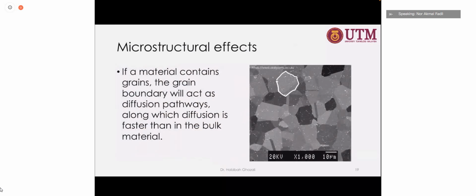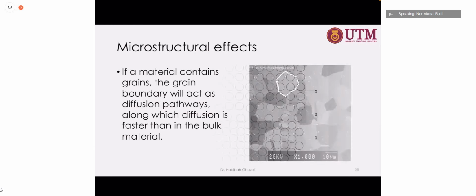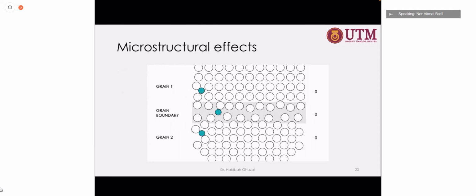So if a material contains grains, the grain boundary will act as a diffusion pathway along which diffusion is faster than in the bulk material. If you look at this schematic diagram, how far the diffusion will occur at the grain boundary compared to the grain? What do you think? Why did this happen? Why is the diffusion rate at the grain boundary higher?